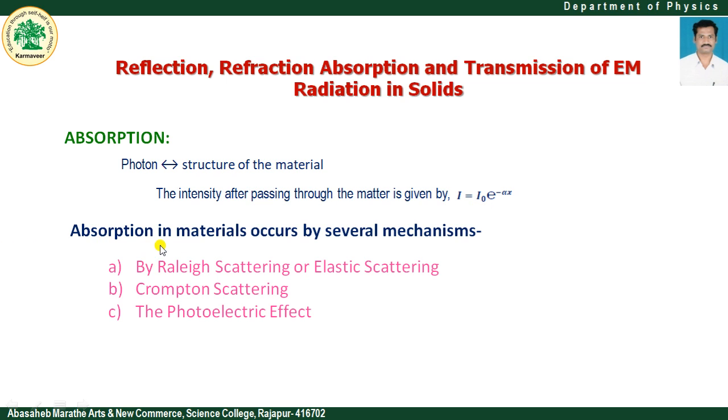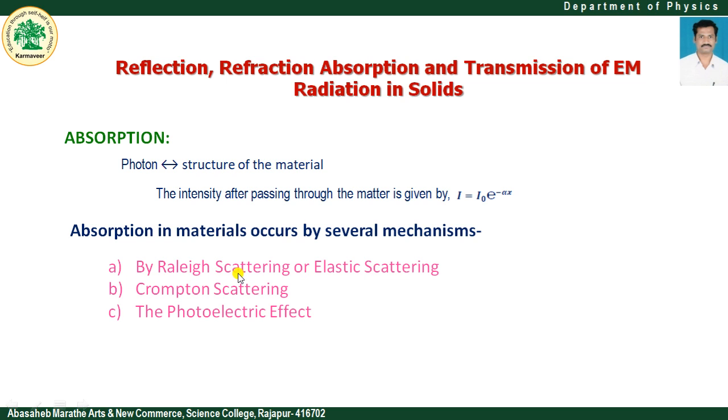Again, absorption in materials occurs by several mechanisms. For example, first is by Rayleigh scattering, or in other words, we can say by elastic scattering. Here, in this case, the photons interact with the electrons which are orbiting in an atom and are deflected without any change in photon energy.